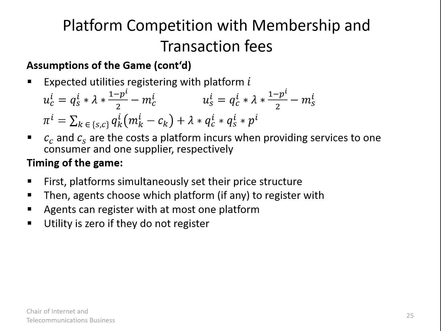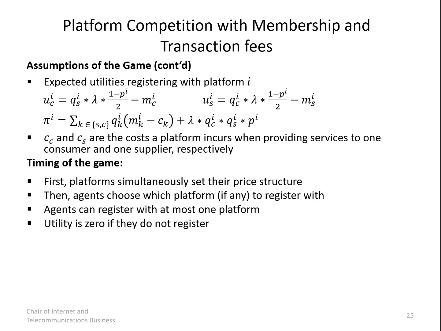Also, the expected utility for a seller on platform i is again the total number of consumers on platform i, multiplied by the probability of success, times how much price is being paid by sellers on platform i, minus the fixed fee that sellers pay to platform i, or the membership fee.